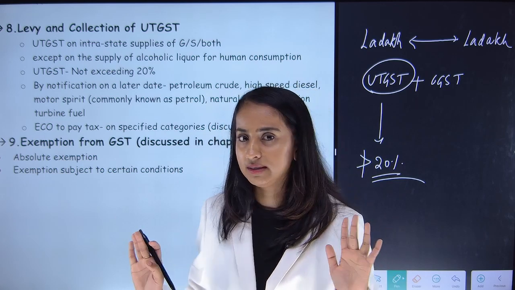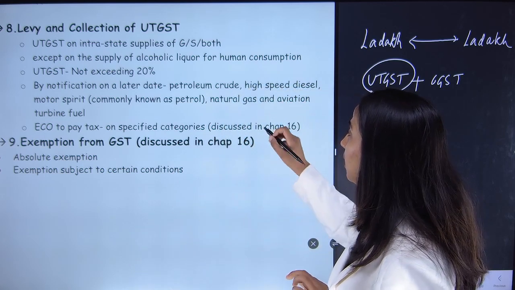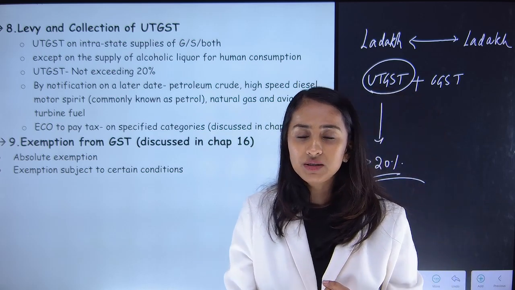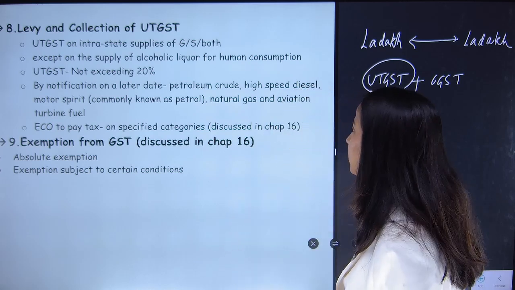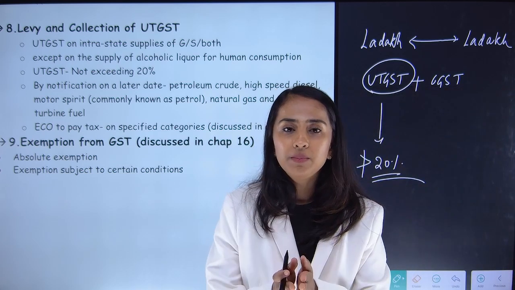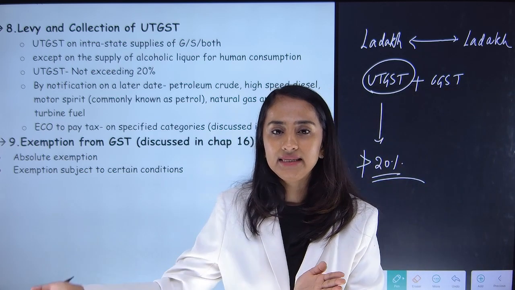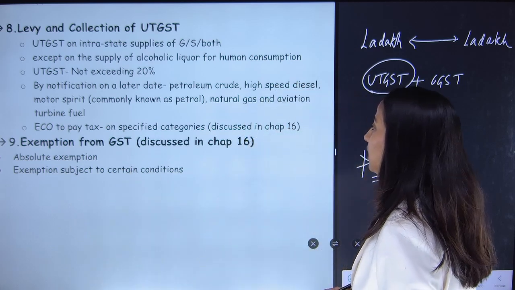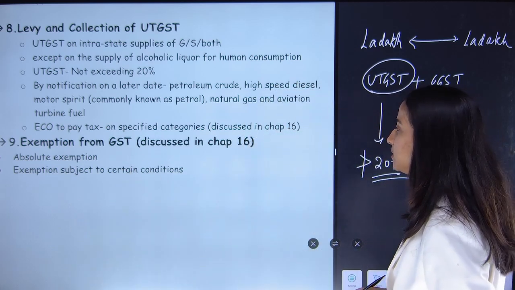Okay, right now, currently, petroleum crude, high-speed diesel, motor spirit, aviation turbine fuel, and natural gas, all this is not under GST, but by notification at a later date, someday this can be brought into GST. Electronic commerce operator to pay tax on specified categories.